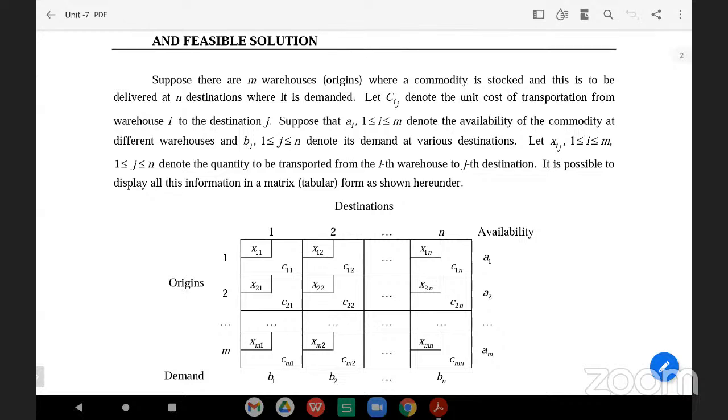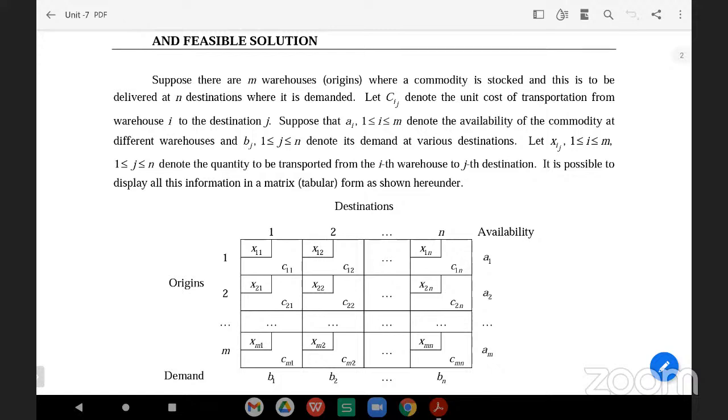In warehouse problems, first we have m warehouses, called the origins, where a commodity is stocked and is to be delivered to the end destinations, which is called the demand. Origins are allocated to the distribution centers by availability and demand. That problem is called a transportation problem.